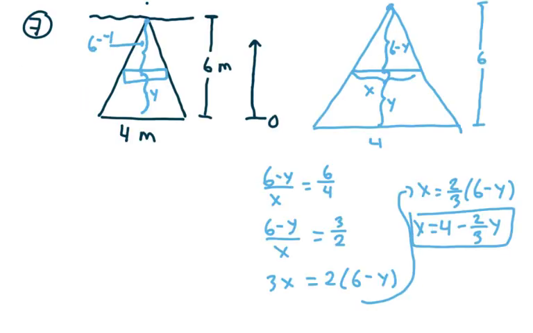Now, we're ready. We're going to get the depth, the density, and the area. Now, let's be careful here. The depth of that rectangle is 6 minus y. So let's write that down.